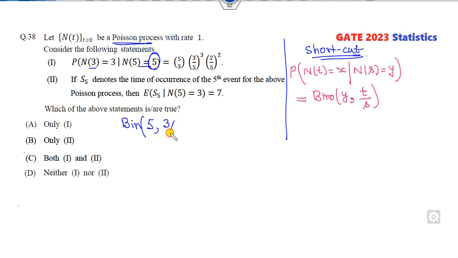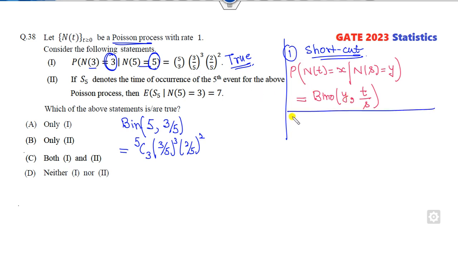Probability is 3 over 5. So what is the right answer? You can see binomial at the point 3. So 5C3, probability is 3 by 5, and q is 2 by 5. You can see this is the same one. So it's a correct answer. Fine. This is the first shortcut trick. You can solve it in a very simple manner.